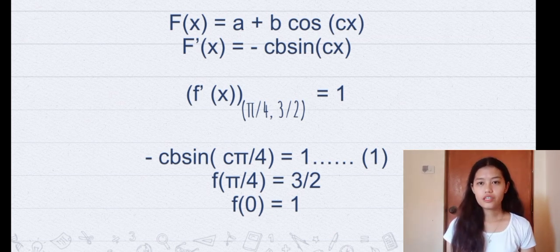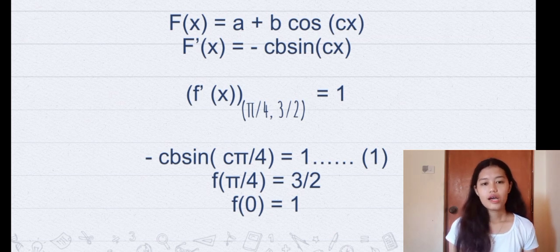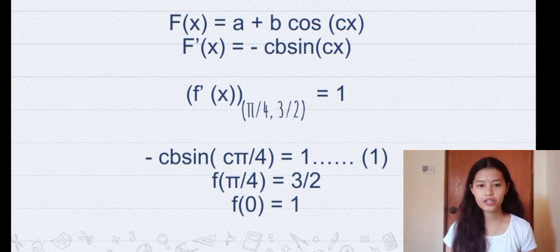Now, according to the given, f'(π/4) = 1. We can derive it: -cb sin(cπ/4) = 1, which we can say is our number 1.